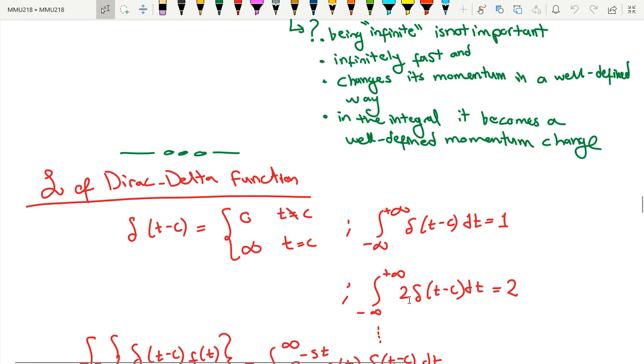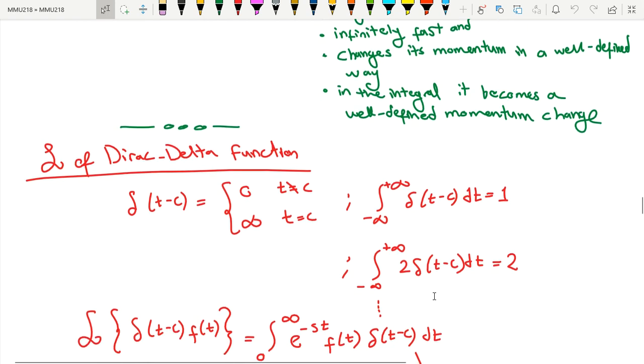Now, if I have 2 times that, the area underneath will be 2, so the intensity of the impulse is 2, and I understand it from its area underneath.